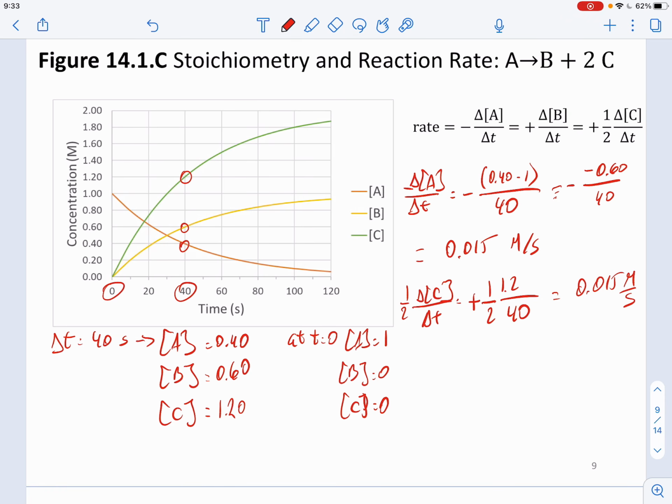So it doesn't really matter which one you pick, you are obtaining the same rate. You just have to pick one, and if you are following the reaction, you just have to follow one of the substances participating in the reaction, and you can obtain your rate of reaction.